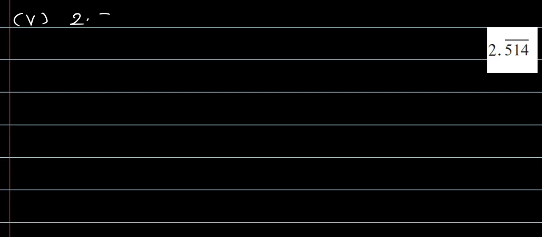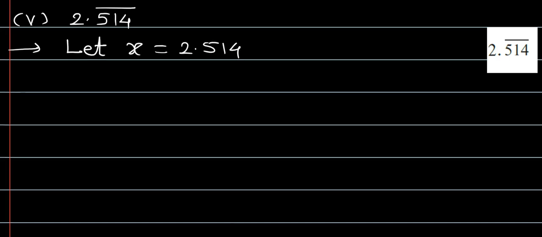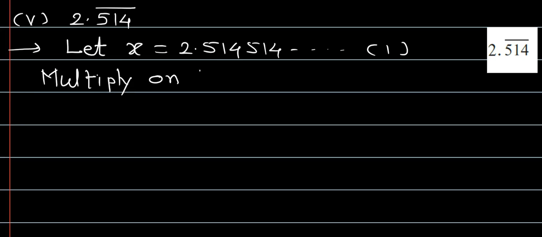Now the next and last example, that is 2.514 recurring. Let x equal 2.514 recurring. This is equation number 1. Multiply on both sides by 1000 because 3 digits are repeated.